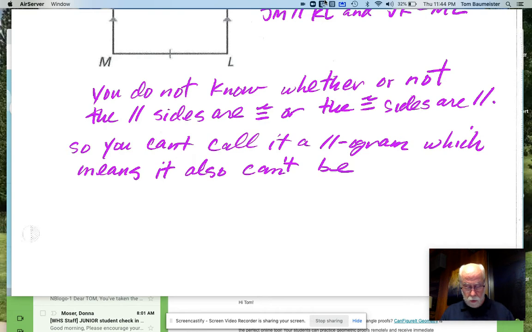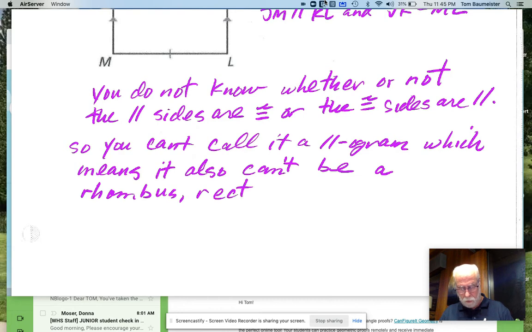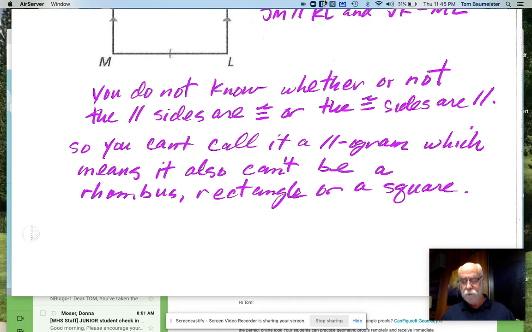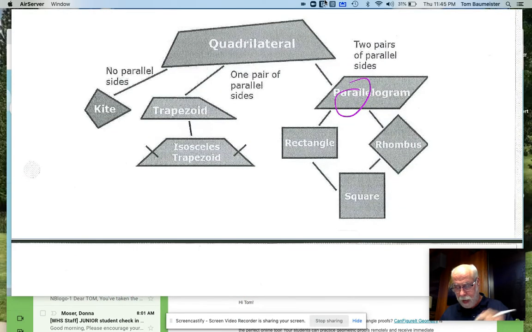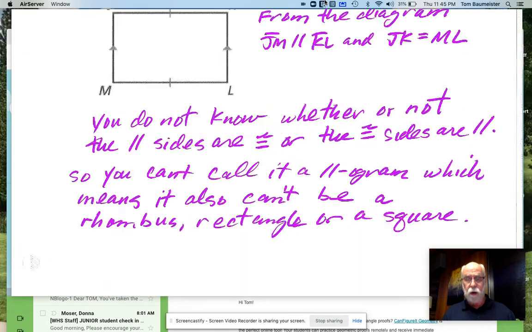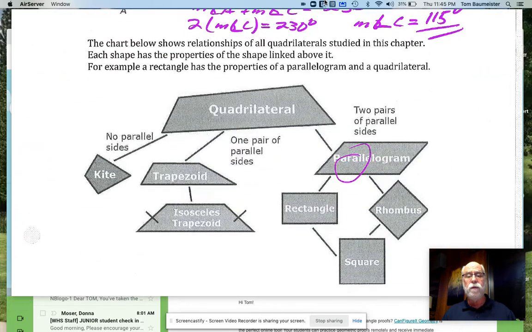So it also can't be a rhombus, a rectangle, or a square. Okay, so we're at there now. Do we think it could be a trapezoid? Could it be a kite? Could be a quadrilateral. Those are our last three choices, right?